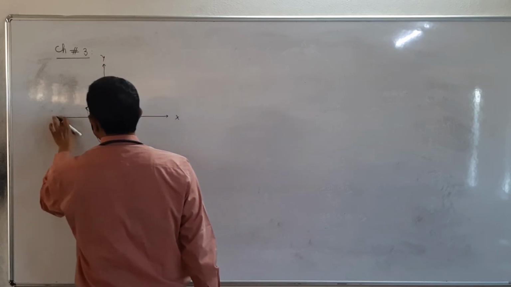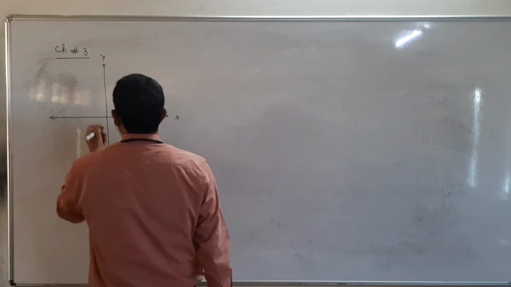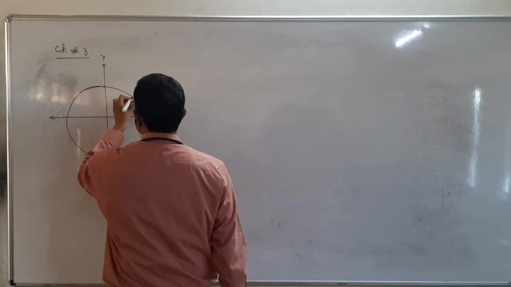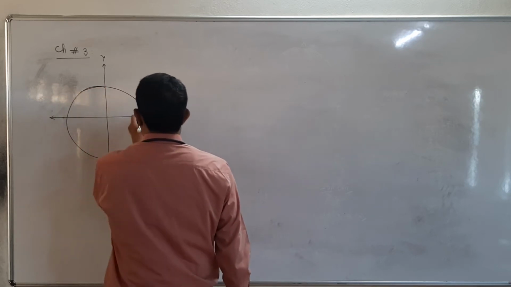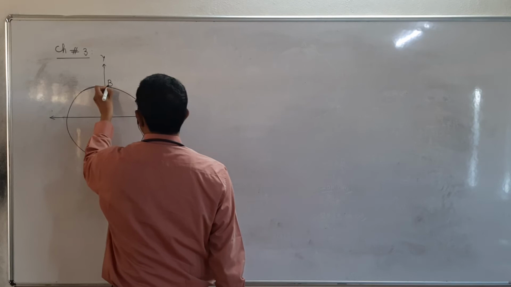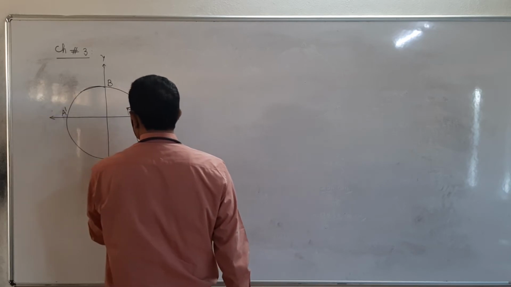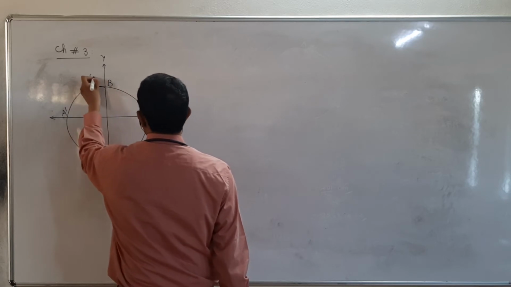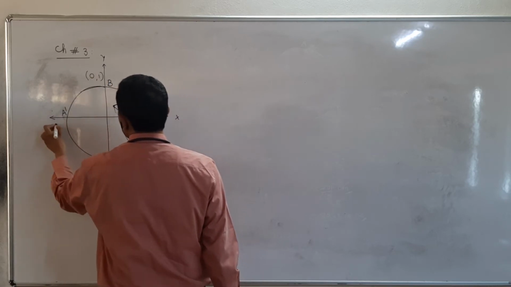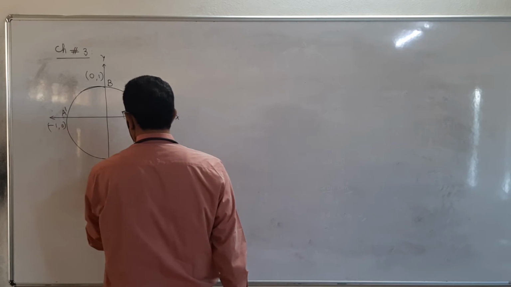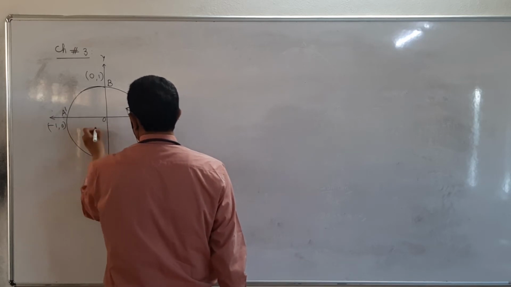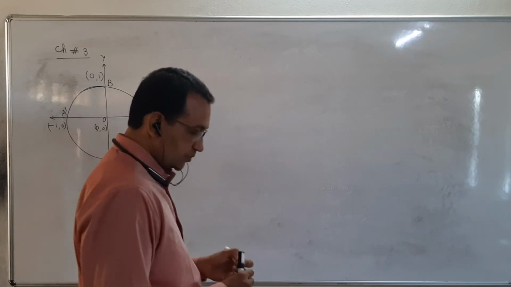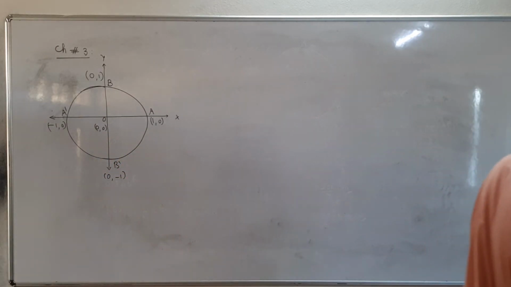And say this is a unit circle. So this is A, B, A dash, B dash, here 1, 0, here 0, 1, minus 1, 0, 0, minus 1, center is of course origin. I am not good at drawing, but students, we have to vary this.